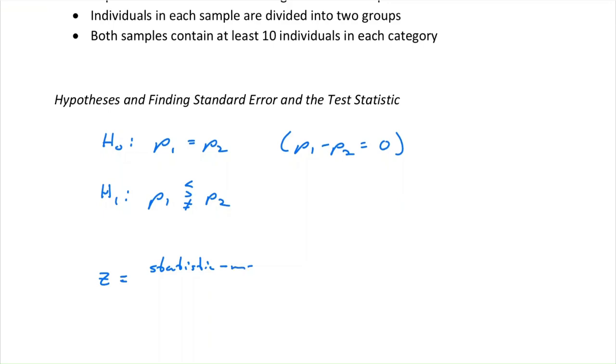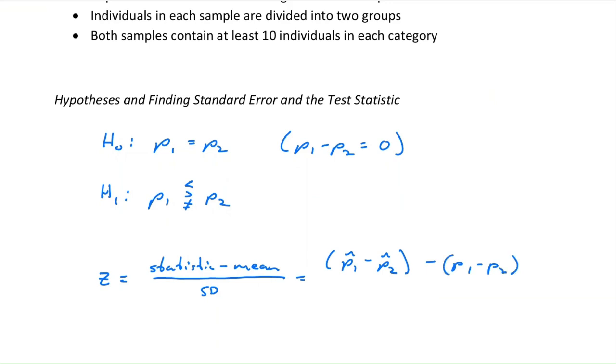So we're taking statistic minus mean. Just to bring us back to our roots of what this formula is really finding: statistic minus mean divided by the standard deviation. So in this case, with proportions, we're taking P1 hat minus P2 hat. So those are the difference of the sample proportions, minus P1 minus P2.